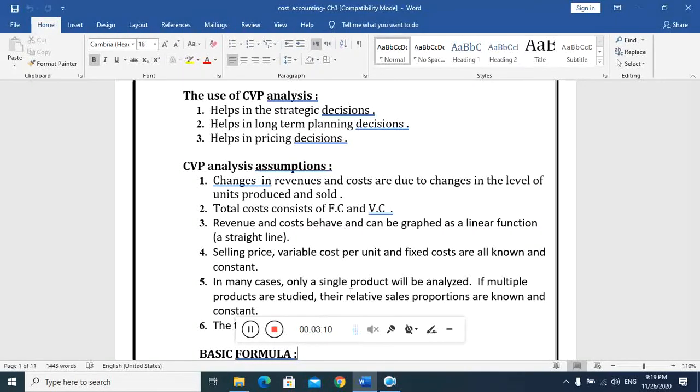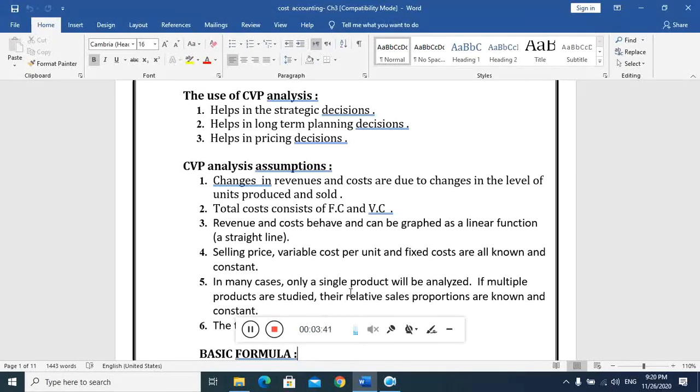Number three, revenue and costs behave and can be graphed as a linear function, a straight line. When we make a graph of the revenues and costs behavior and relationship, it will be linear, a straight line.